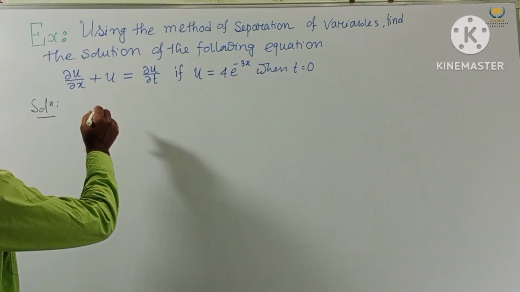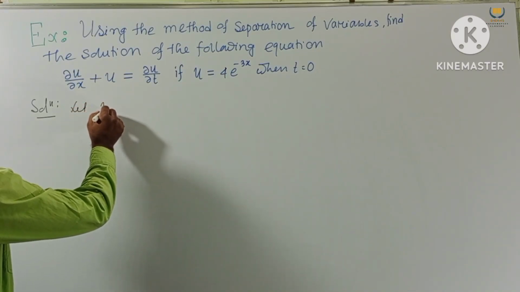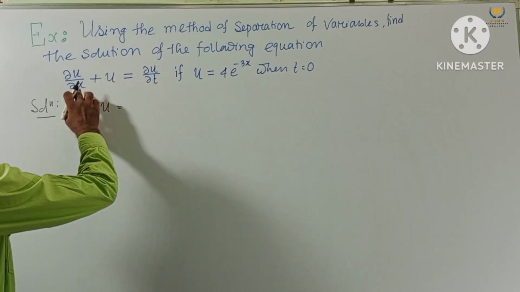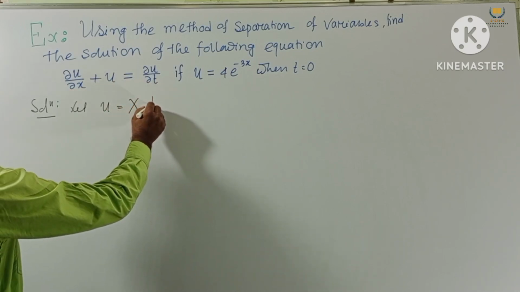So we consider, let u = XT, here t and x given.